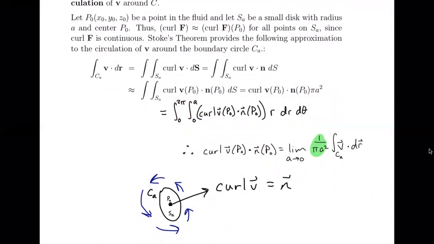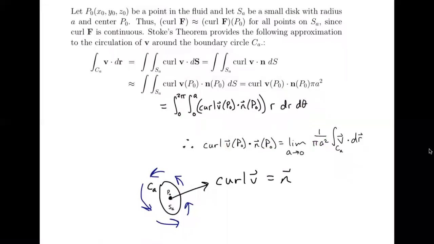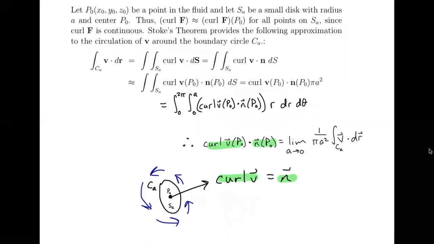So what that's telling us is, at this point P naught, and I've drawn this so that the curl of V is equal to n, we have maximum rotation. If these two vectors are equal to each other, then their dot product is as large as it's going to be, which means that we have maximum circulation around this boundary.